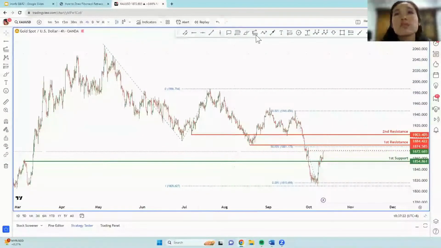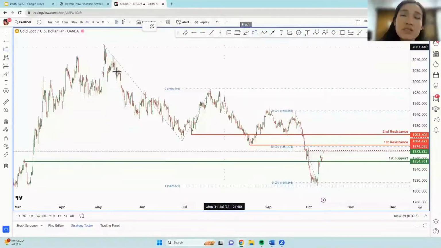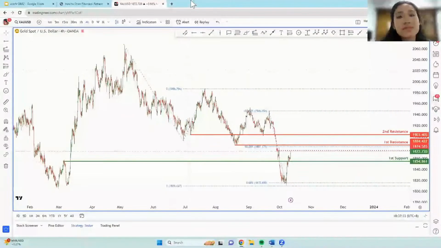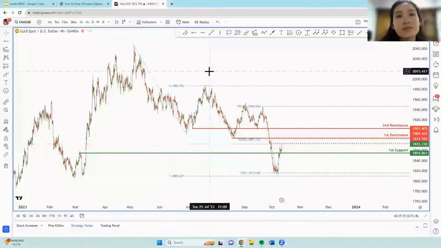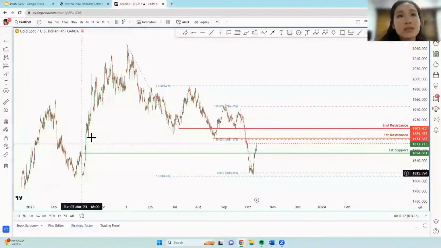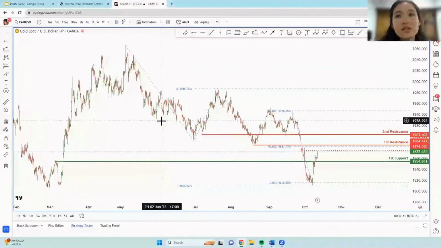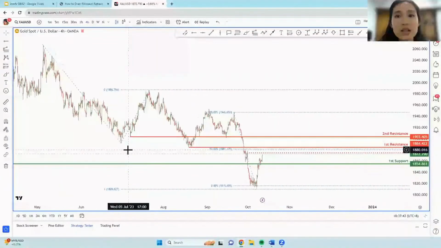And again, the tool that I use is this one over here, the trend-based fib extension. I think that's all the levels that we have for now.